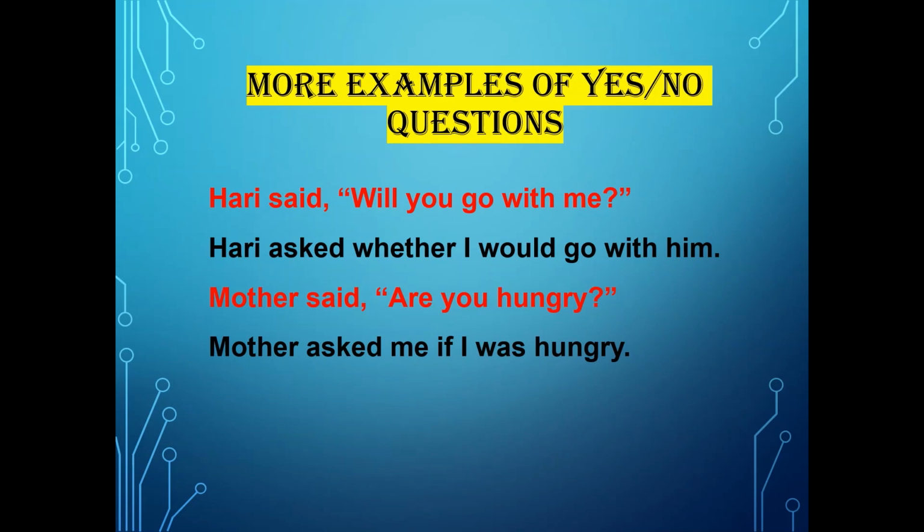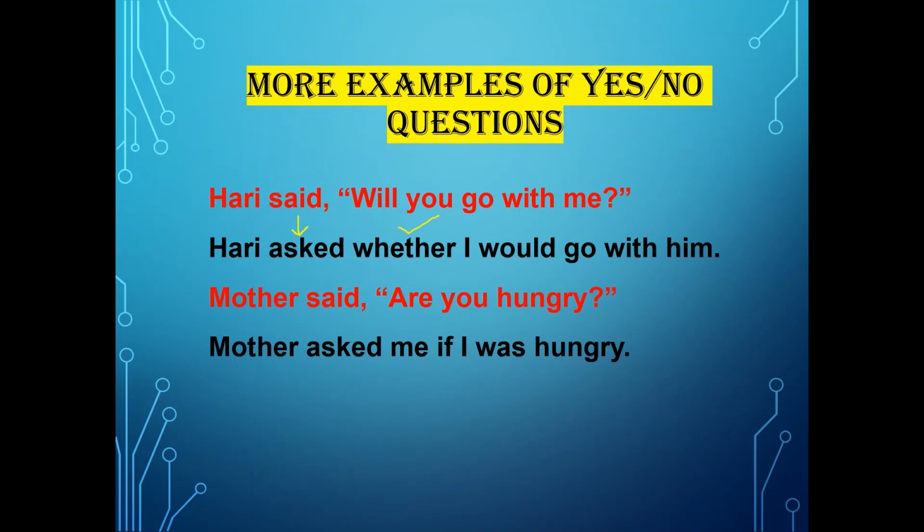Now look at some more examples of yes or no questions. Hari said, "Will you go with me?" And if we change this sentence into indirect speech, the answer will be Hari asked whether I would go with him. So look at the changes here. Said changes into asked, so the reporting verb changes. Then whether is used. We can use if also.